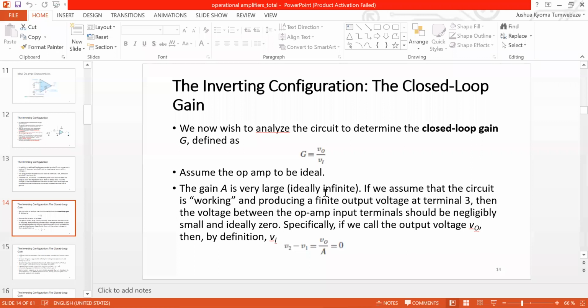So when we assume that the gain A is very large, ideally infinite, and the circuit is working and producing a finite output voltage at terminal 3, then the voltage between the op-amp input terminals should be negligibly small and ideally 0, okay?